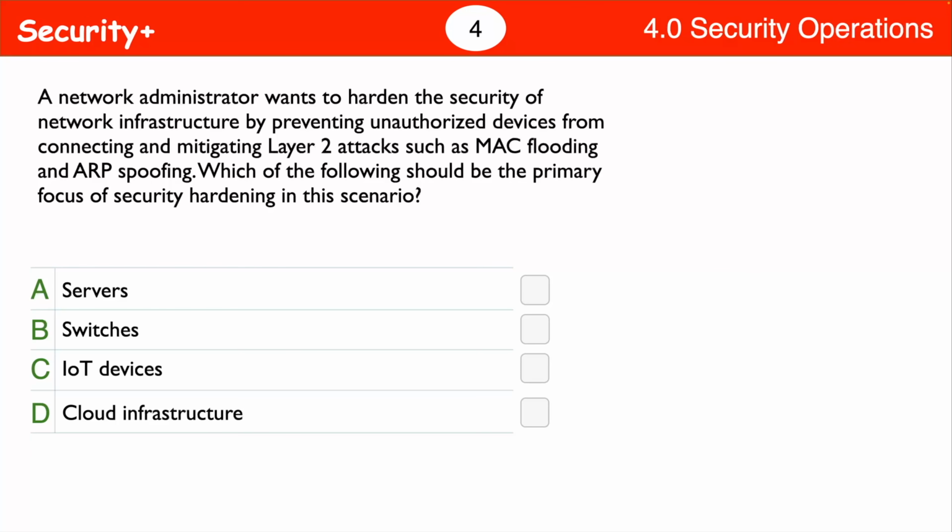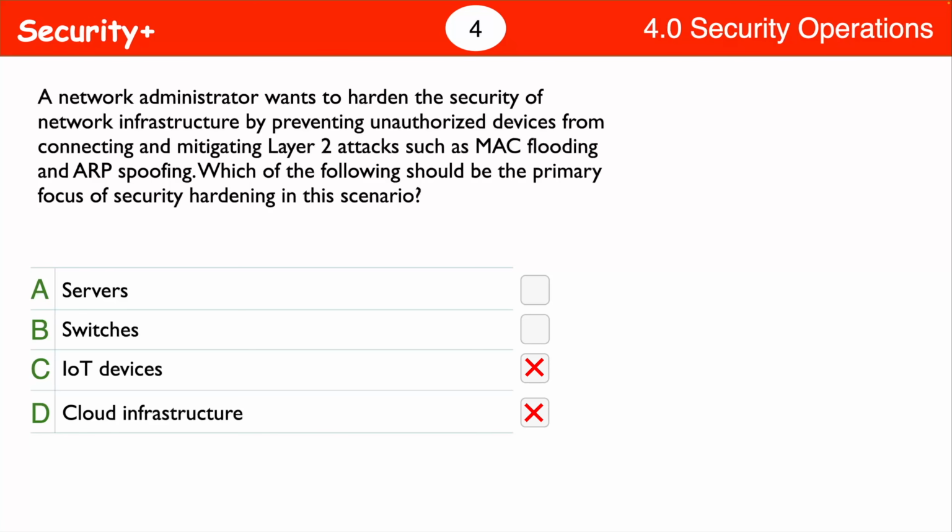And we can start by eliminating C, IoT devices. IoT stands for Internet of Things, and they are like little endpoint devices, but they're not network infrastructure devices. Next, we can eliminate D, cloud infrastructure.